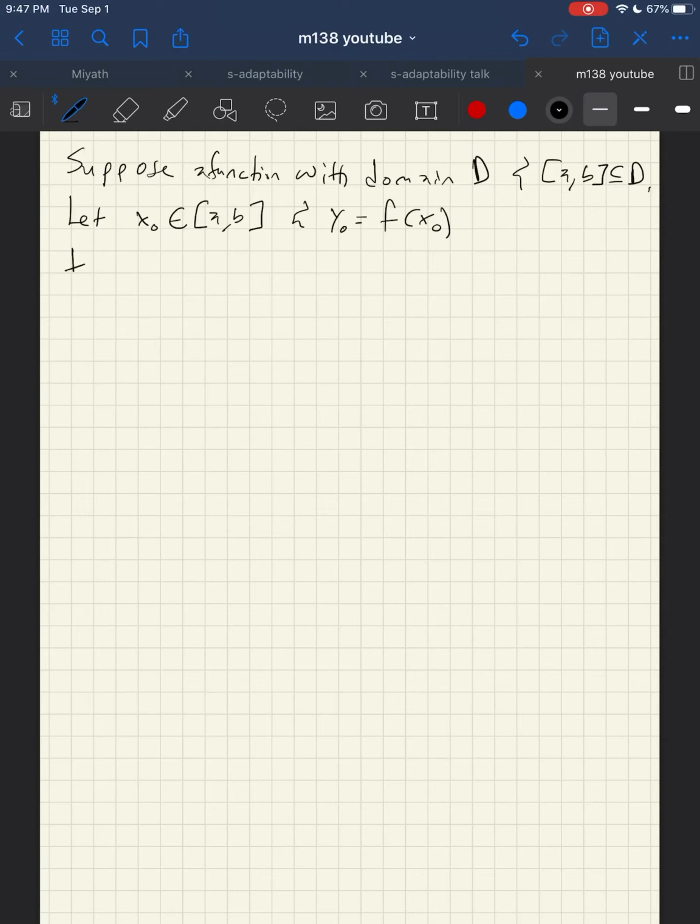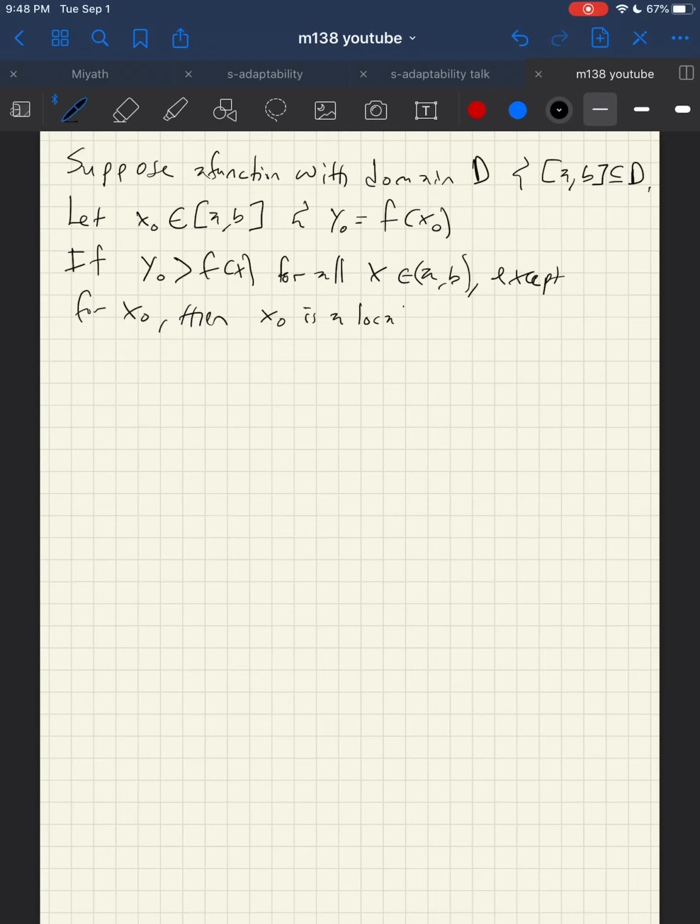Now, if y naught is bigger than f of x for all x in the open interval AB, except for, of course, x naught, because y naught equals f of x naught, then we're going to say that x naught is a local maximum.